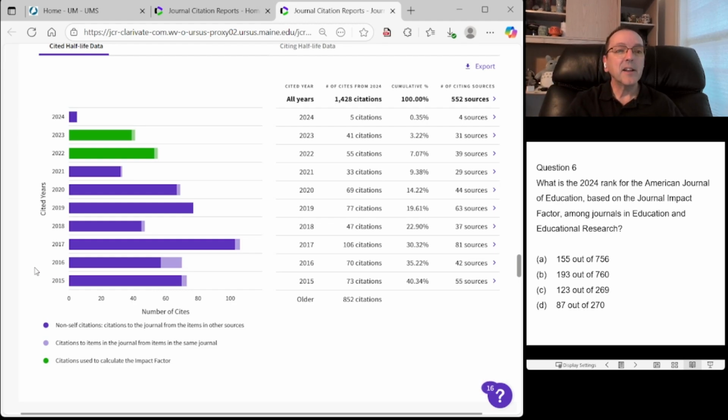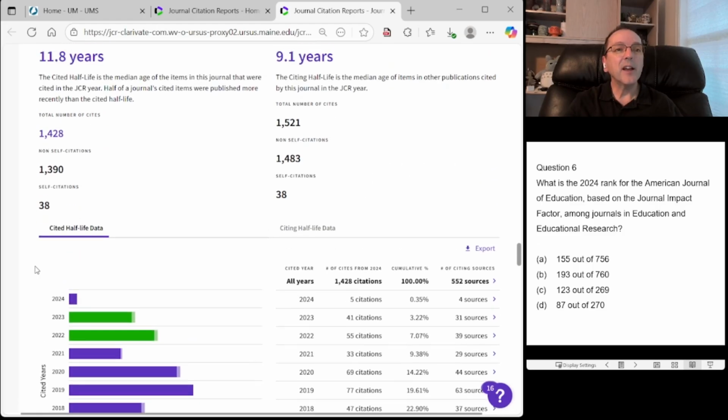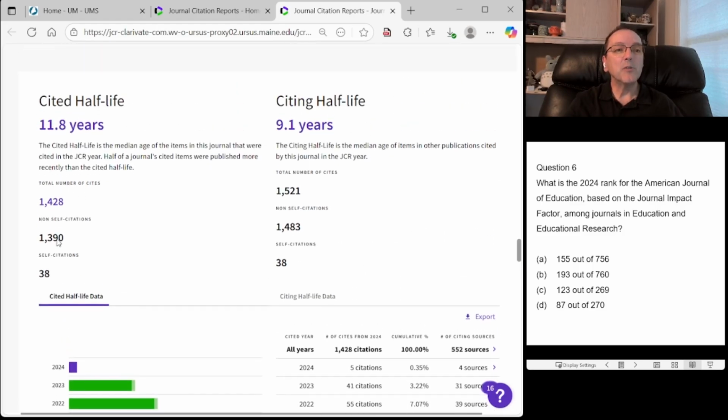In fact, the half-life here tells you that if you look at those 1,428 times an American Journal of Education paper was cited, half of those citations were to papers 11.8 years old or older, and half of them were more recent than 11.8.